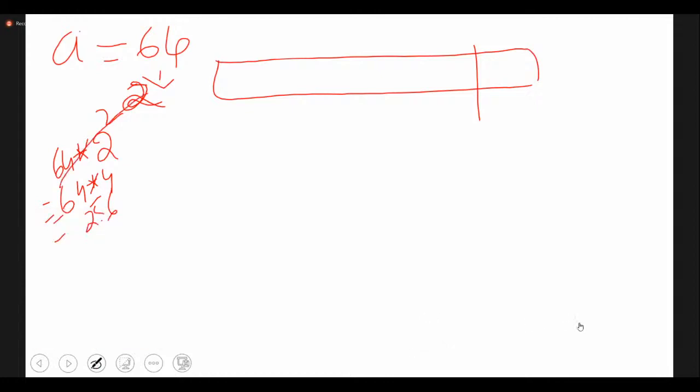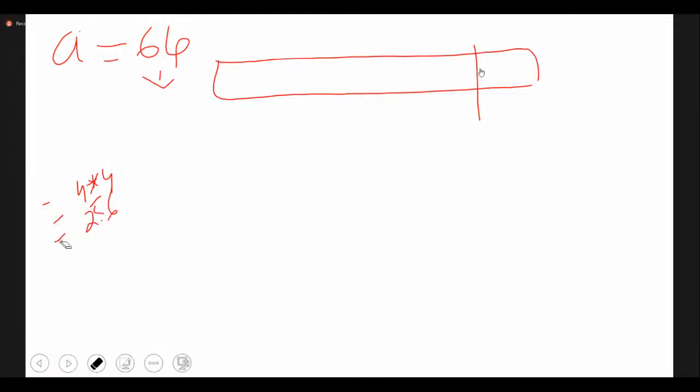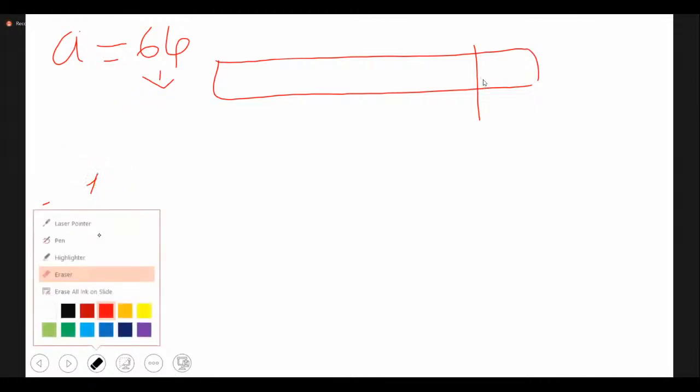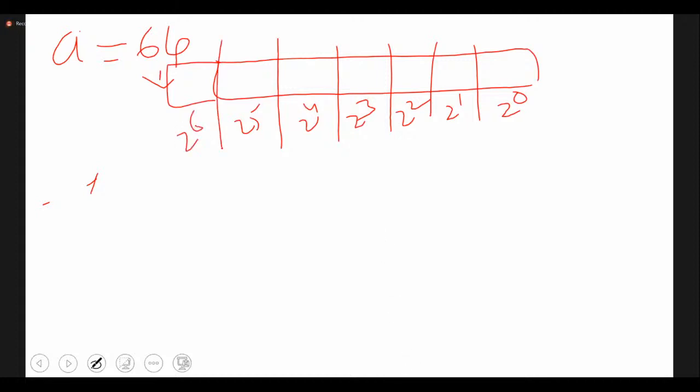We'll see. This is 2 power 0, 2 power 1, 2 square, 2 cube, 2 power 4, 2 power 5, and 2 power 6. So this is 1, 2, 4, 8, 16, 32, 64.